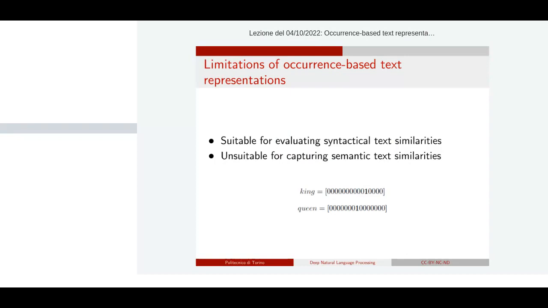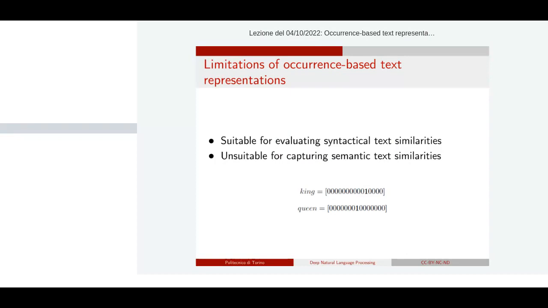So, for example, king and queen, using an occurrence-based representation, are likely to have different representations. The vector corresponding to the numbers you have in your matrix, whatever kind of metric you use, can be extremely different. They can be different because it's not dependent on the semantic meaning of the word.